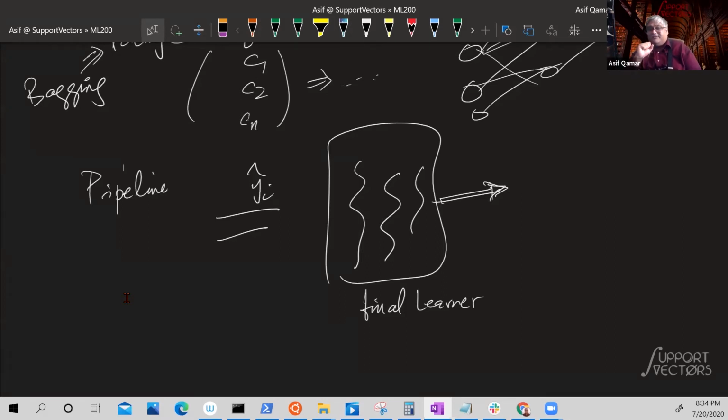What the neural network at the end of it is trying to do, or the support vector, whatever the last layer, the stack, the algorithm at the end, the learner at the end is trying to do is learn the strengths and weaknesses of the learners themselves. Yes. Now it makes sense. That is what we're trying to do.